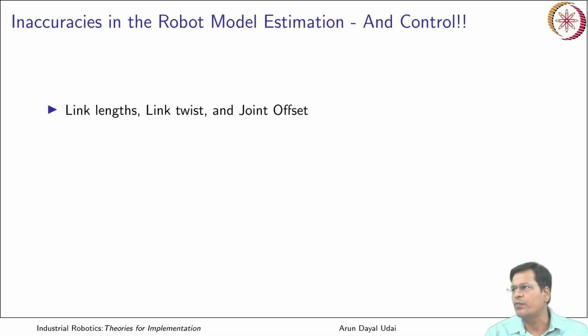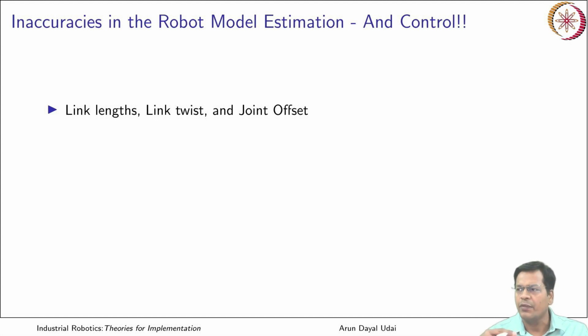Why are we doing control at all? If it is an ideal robot, if we have designed something in CAD and the manufacturer is able to make it exactly as designed, that is a remote possibility. Why? Because there are manufacturing uncertainties.